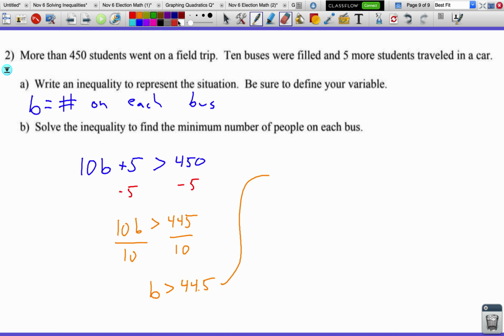All right, but we can't put half of a student on a bus, so we know that the minimum is 45 students per bus. It could be more than that. There could be 50 on each bus. All that we know is that more than 450 students went on this field trip.